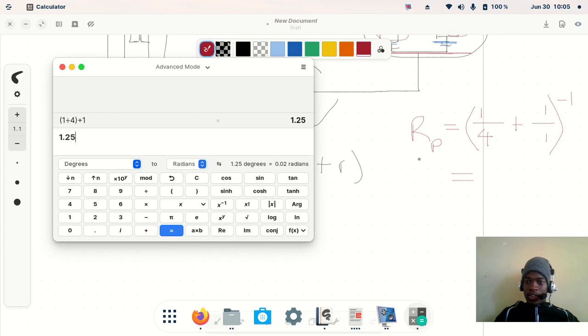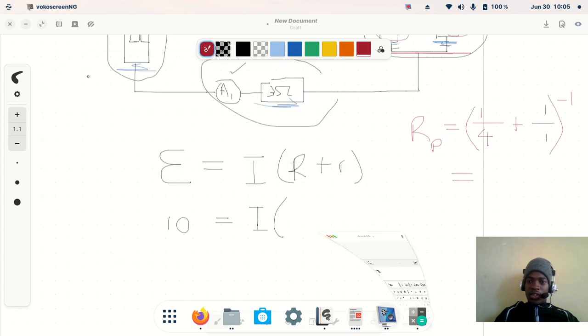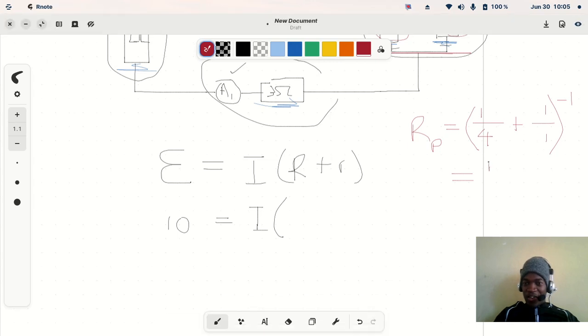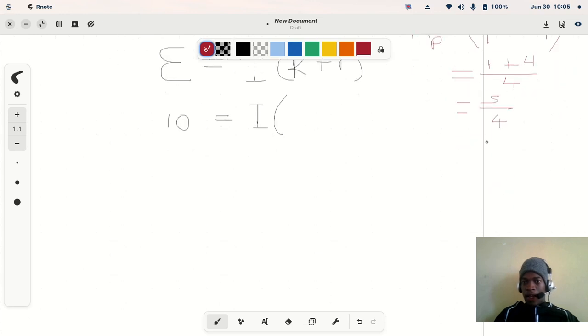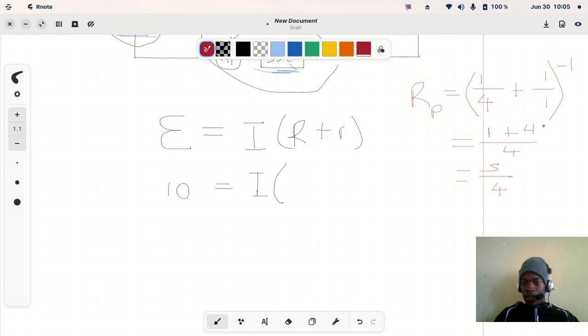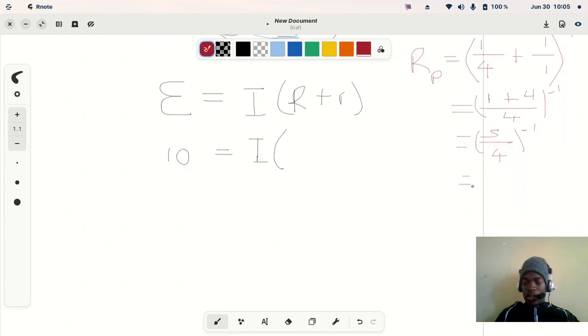This is what we essentially got: 1.25. Oh, well, this is the worst calculator. It doesn't have fractions. Let's just work this manually. So we're going to have (1 plus 4) over 4. I just found the lowest common denominator there, and then we're going to have 5 over 4. And then with 5 over 4, we still have the negative 1 outside. We haven't used the negative 1 as yet. Now you guys probably use Casio calculators and you probably do this faster.